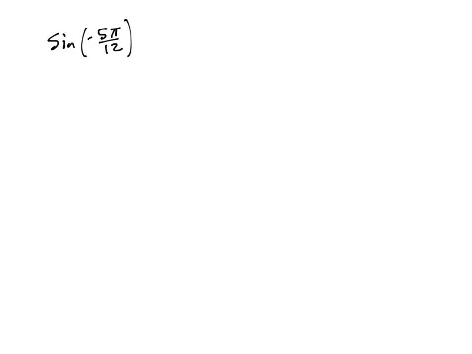This example says to find the exact value of sine of negative 5 pi over 12. So similar to that last problem, we want to come up with two angles on the unit circle that either add up or subtract to negative 5 pi over 12.